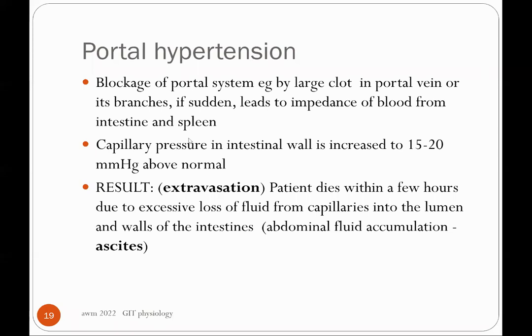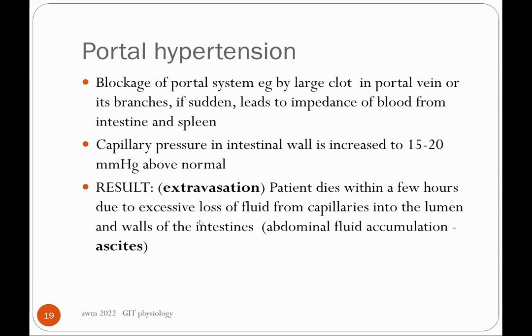And because of the buildup in pressure, you get so much fluid loss that it pours out, and you're going to get fluid accumulating in the peritoneum. You're going to get ascites. And the patient can die within a few hours due to excessive loss of fluid from the capillaries in the lumen, which is the reason why I showed you that picture of the capillary network in the wall of the blood vessels.